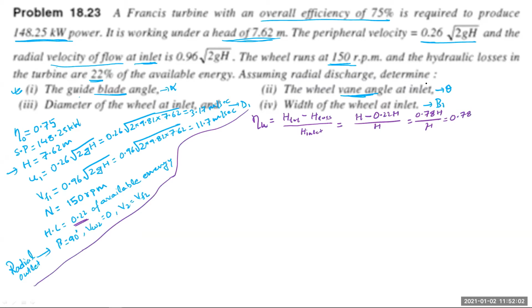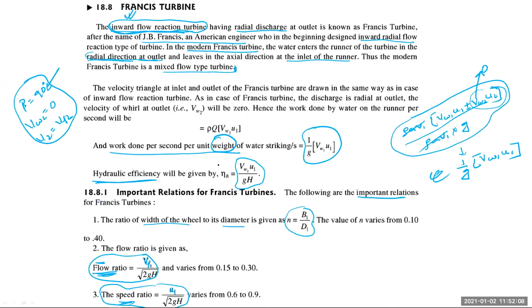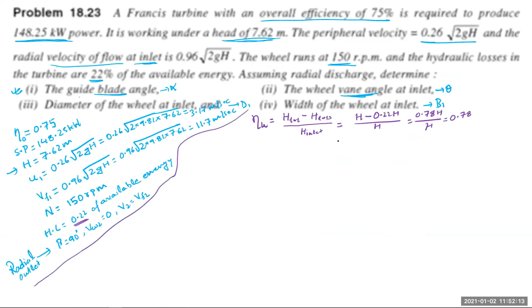And in the previous slide, you have seen the formula for your hydraulic efficiency is given by Vw1 U1 upon G into H. So now you can apply that formula. You know that hydraulic efficiency is equals to Vw1 U1 upon G into capital H. So you can substitute the values. Here you know that efficiency is 0.78 equals to Vw1. What is Vw1?